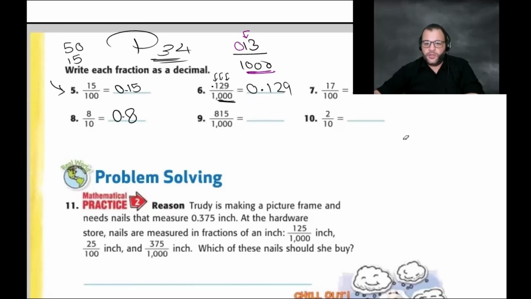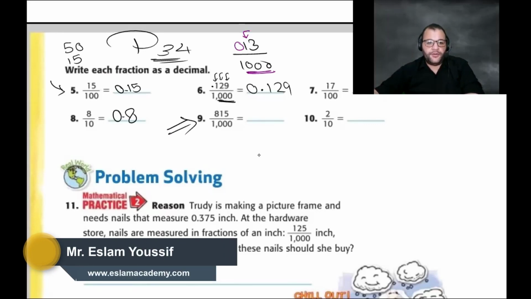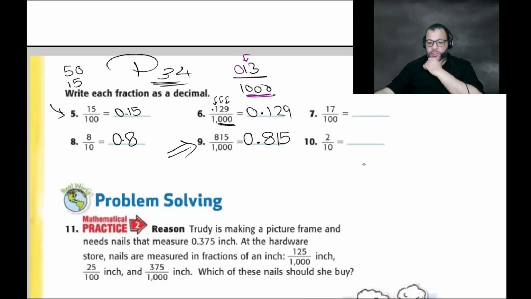Okay. So Walid, can you solve question number 9? What is the answer? We will do 0, and this is the decimal point, and then write 815. Thanks, Walid.